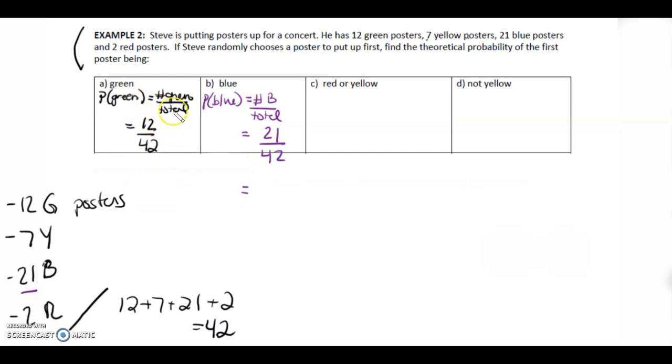Going back to 12 over 42, if I divide both by 2 just to see where it lands me, I get 6 over 21. Now I see that we can divide both by 3, so I get 2 over 7. 21 divided by 3 is 7. And 21 over 42, I'm going to divide both by 21, and I get 1/2.